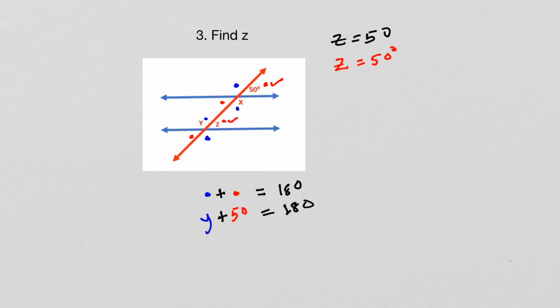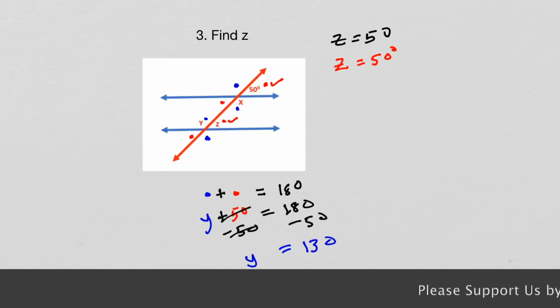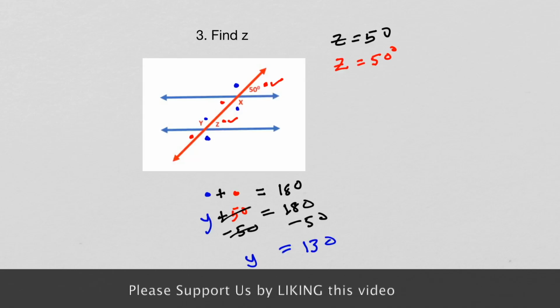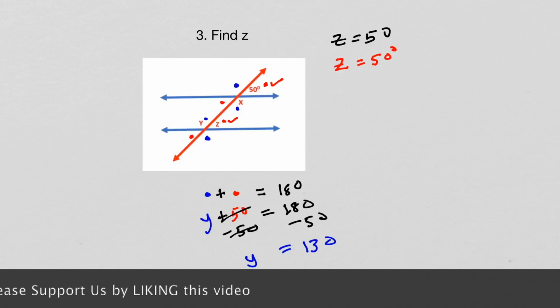We solve for y. One-step equation. Since the 50 is adding, we will subtract 50 from both sides. These will cancel out. 180 minus 50 will be 130. Therefore, angle y will be 130 degrees. All the angles with blue dots will be 130 degrees.